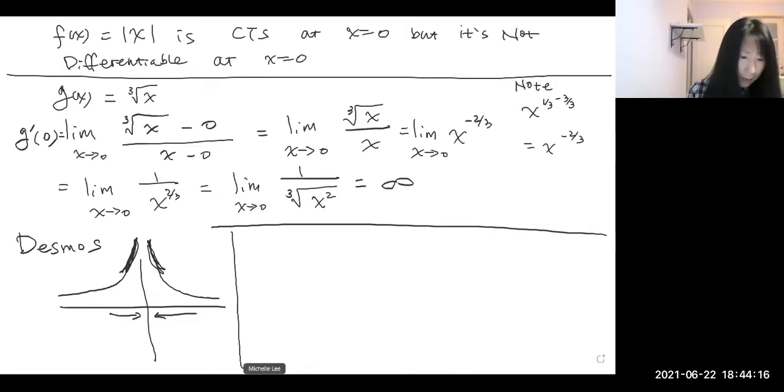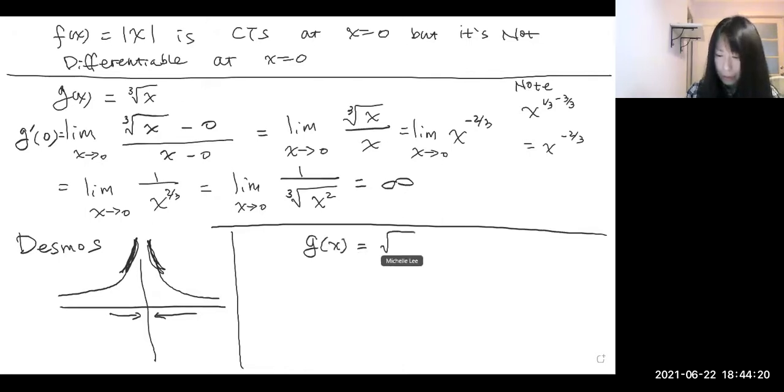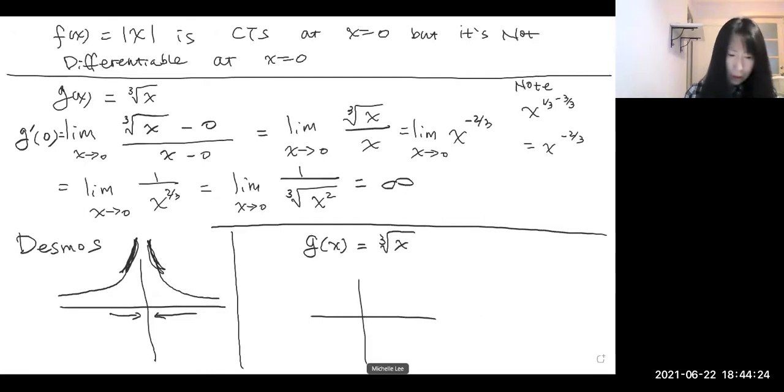So this graph is cube root x. This one looks like that.